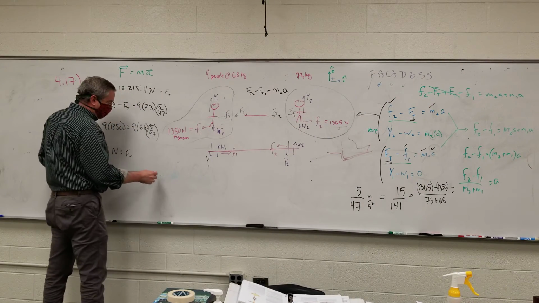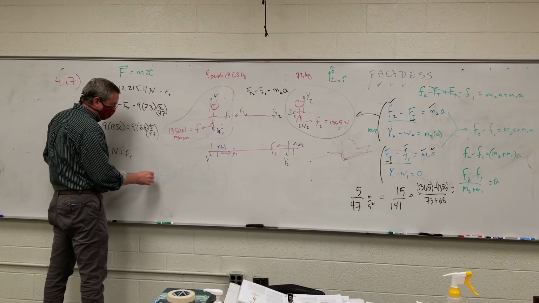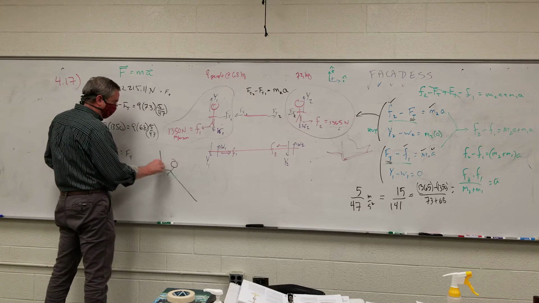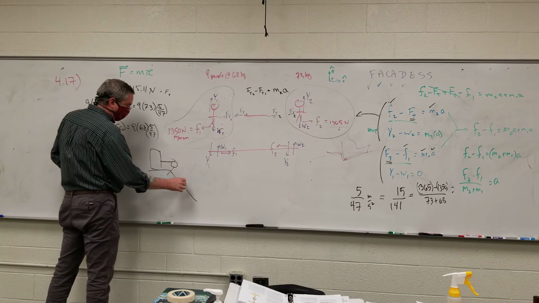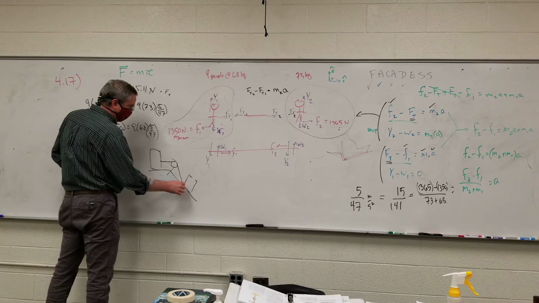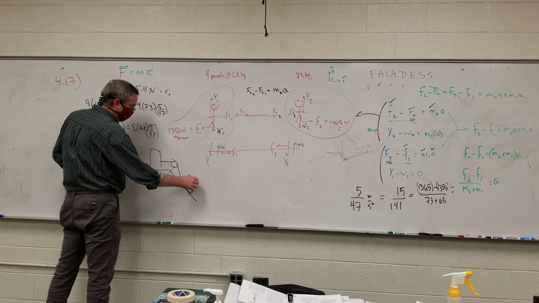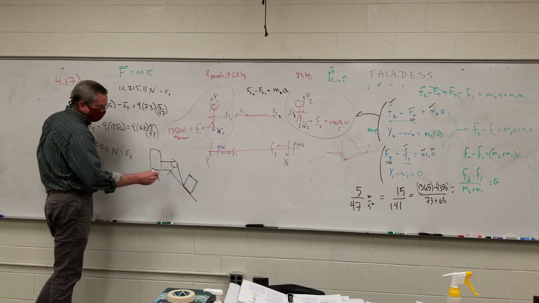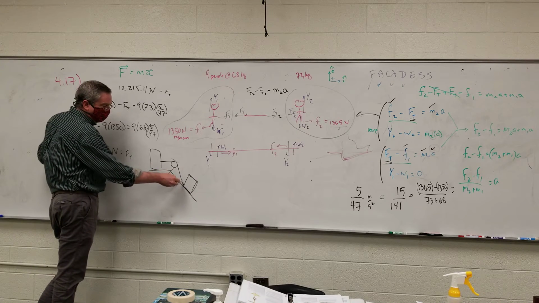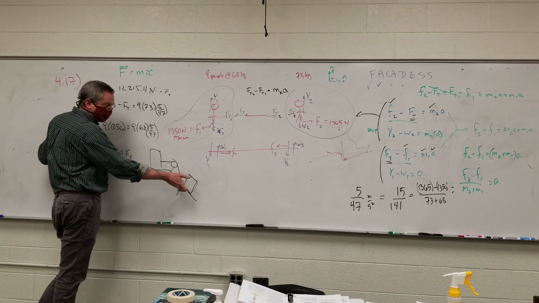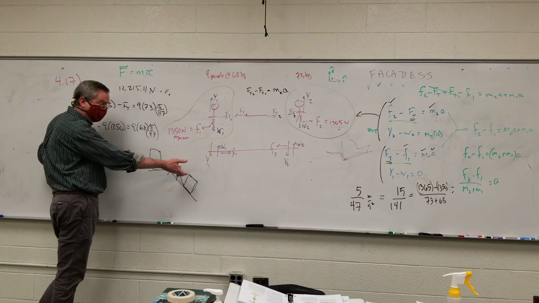That would be a situation where there would be a component of the tension that is trying to keep this from moving down the ramp, and a component of the tension that's actually trying to lift it up off the ramp.